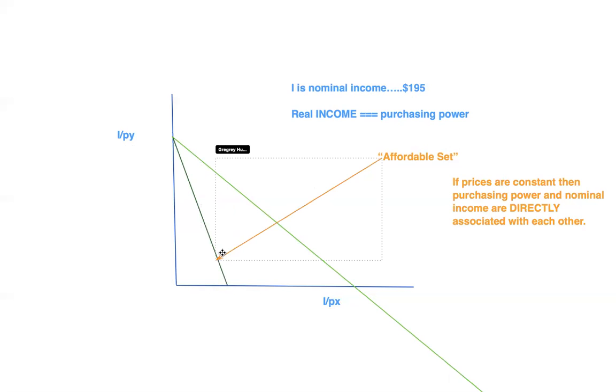And then the price of X decreased and our affordable set expanded. So as we move from the dark green budget to the light green budget, there is an increase in real income, even though we're not changing nominal income.